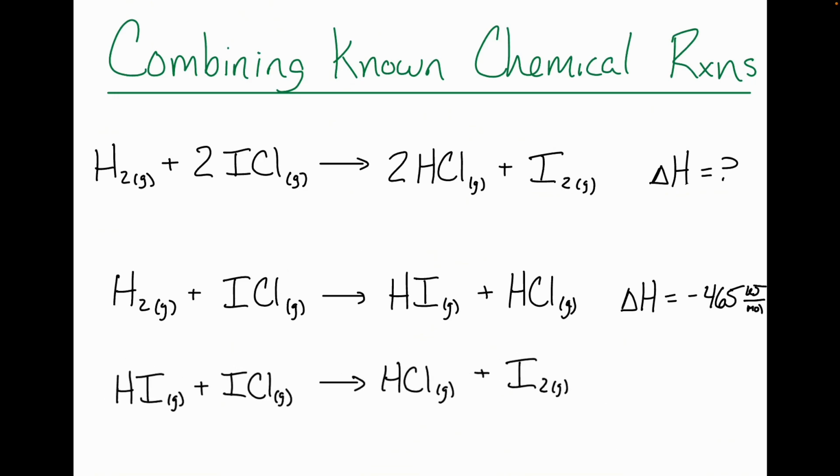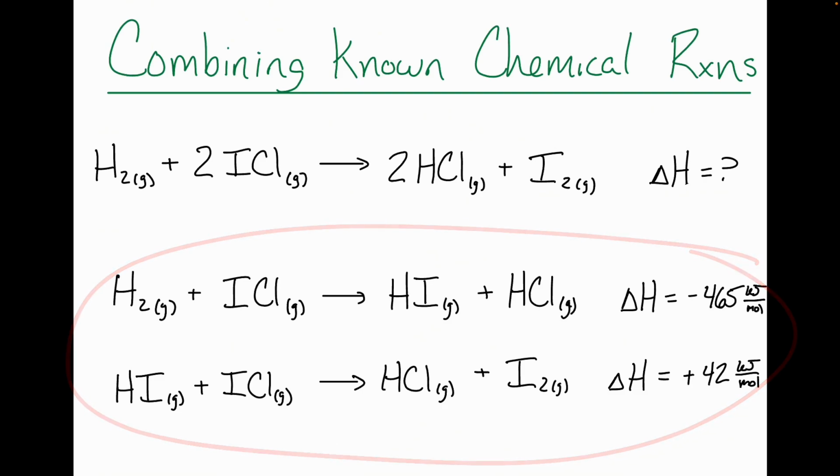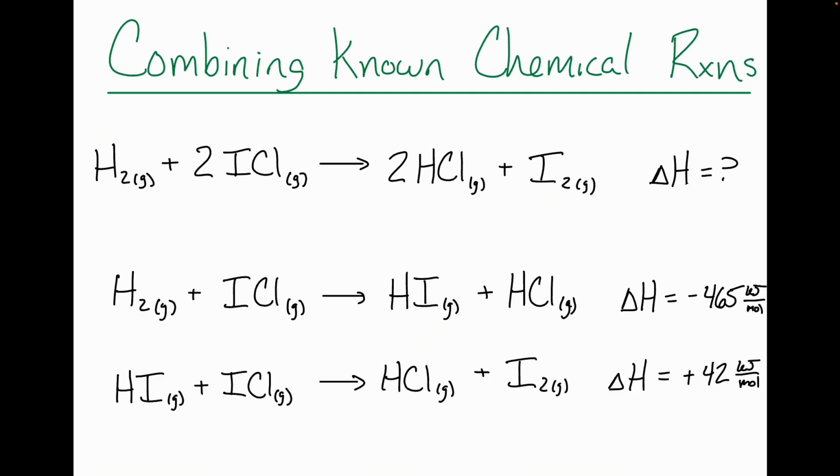All right, and likewise, we know that the delta H of this reaction is positive 42 kilojoules per mole. All right, so what we're going to do is take these two known pieces of information and use them to figure out what our enthalpy is of our unknown reaction here.